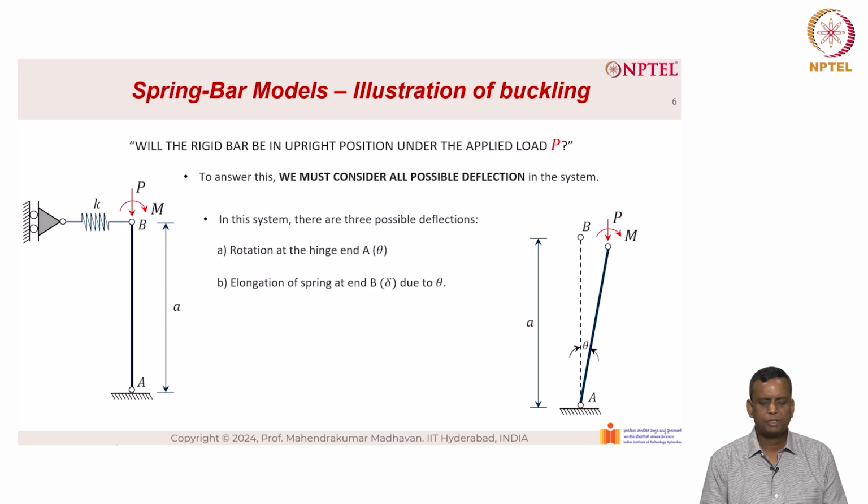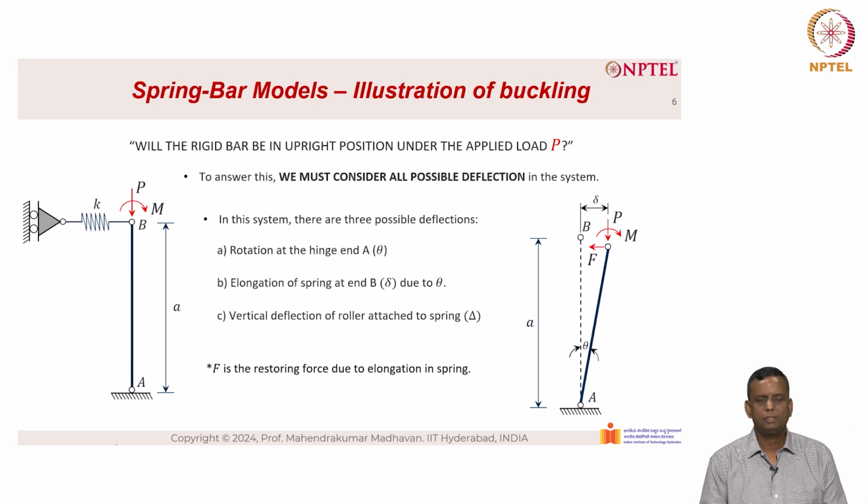Second, elongation of the spring at end B, small delta, due to theta. You can also see that in the picture. And there is a restoring force due to the spring action, which wants to come back to the equilibrium position. The third deflection is the vertical deflection of the roller attached to the spring, which we call delta again, but this is capital delta.